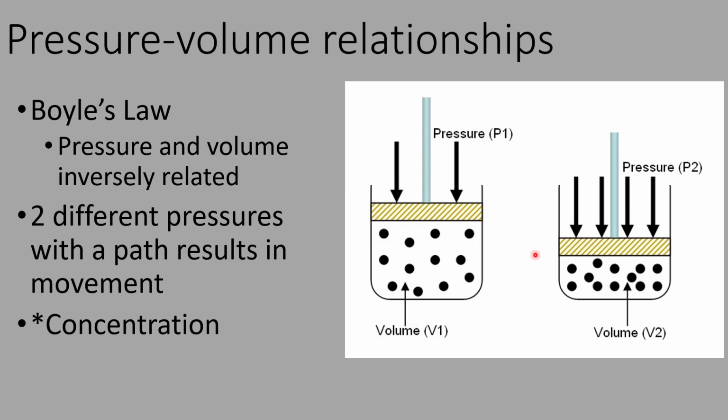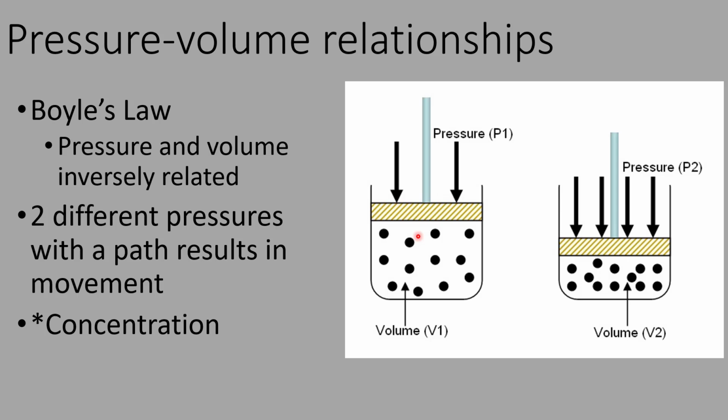Over here, the volume is much smaller and the pressure is much higher. So as volume decreases, pressure increases. If we were to raise the top back up, well, the volume has gotten bigger and the pressure has dropped. So whatever volume does, pressure does the opposite.